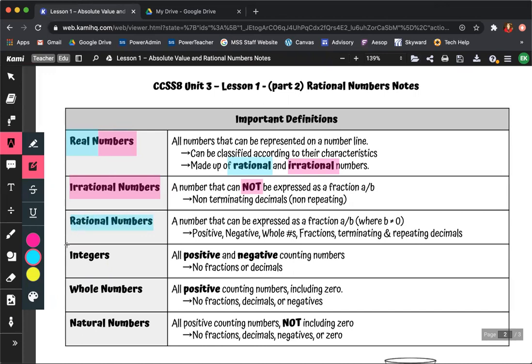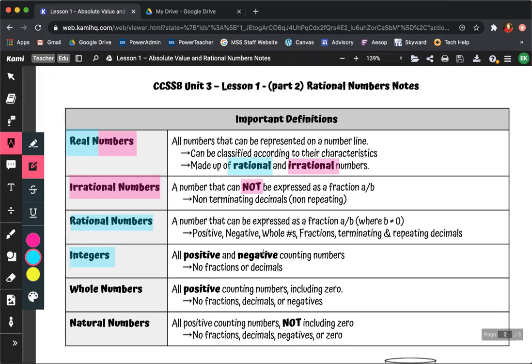The next specific of rational numbers is integers. They are all positive and negative counting numbers. The reason I say counting numbers is if I told you to count to 10, you're going to say 1, 2, 3, 4, 5, 6, 7, 8, 9, 10. You're not going to say 1.2, 1 3/4, 2, 2.078, 2.33. You're just going to be doing those clear numbers.